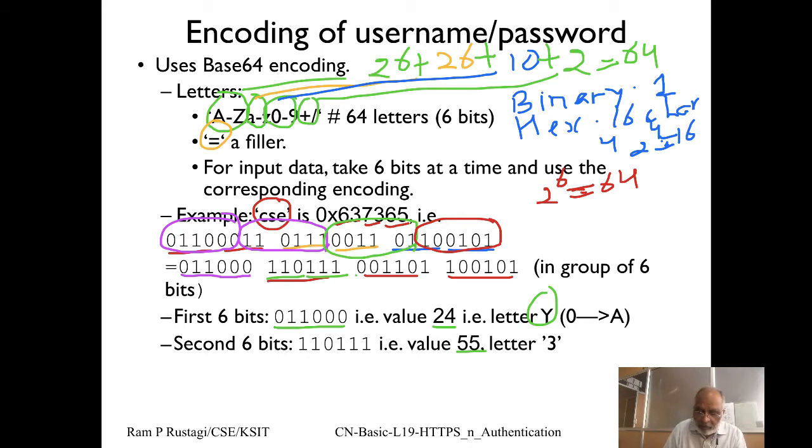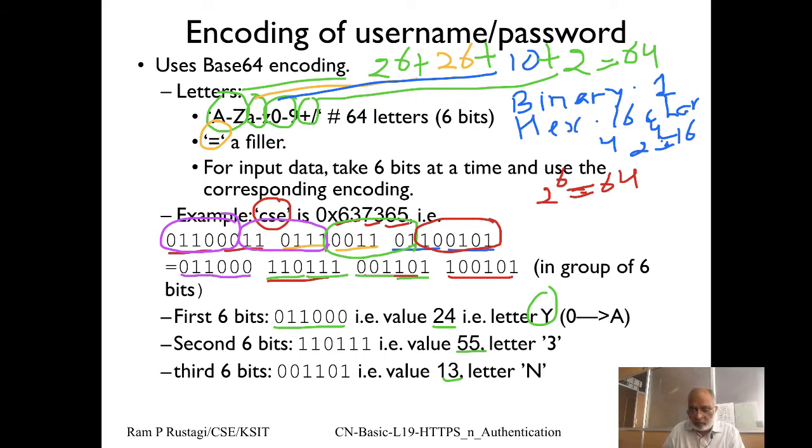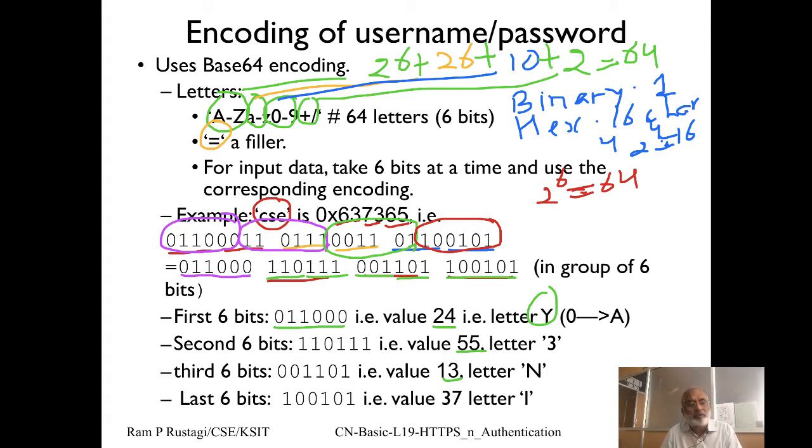Next is 001101, which is value 13, and value 13 corresponds to letter N. The last value is 37, which is a small letter l.